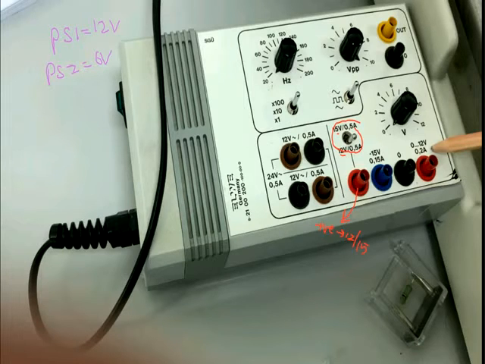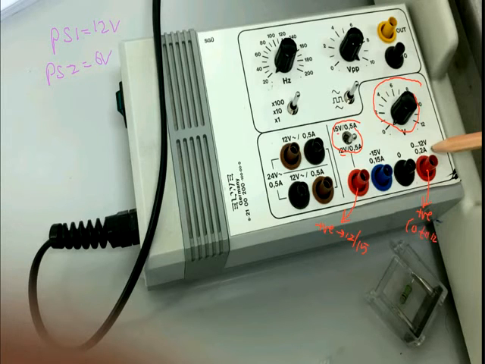Similarly, you may have seen this knob. This knob is used to set a variable voltage from 0 to 12 volts. This is the positive terminal for the variable voltage.